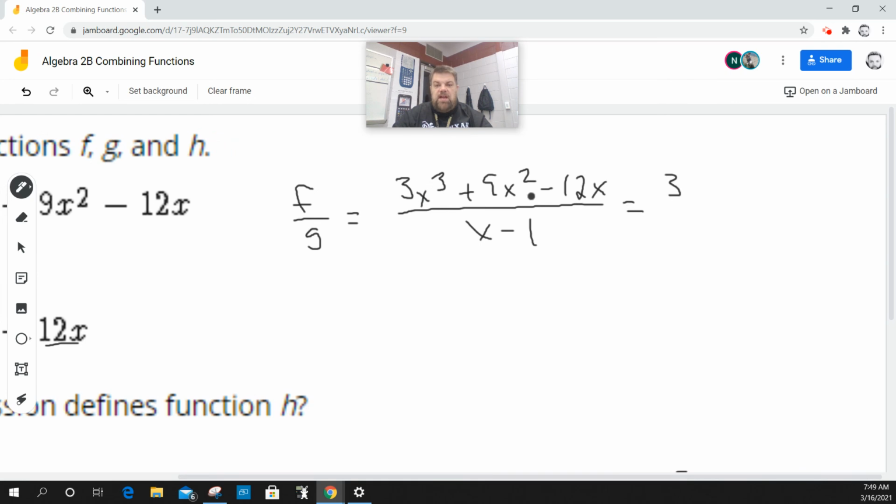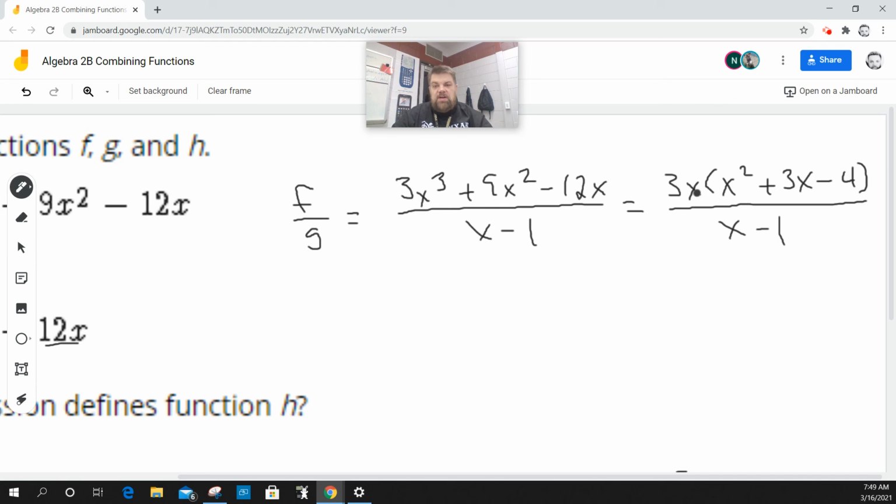So I can pull out a 3, and all of them at least have an x. So if I pull this out, I end up with x squared plus 3x minus 4 all over x minus 1.